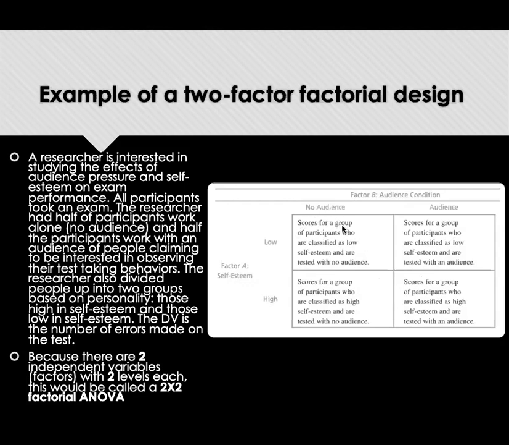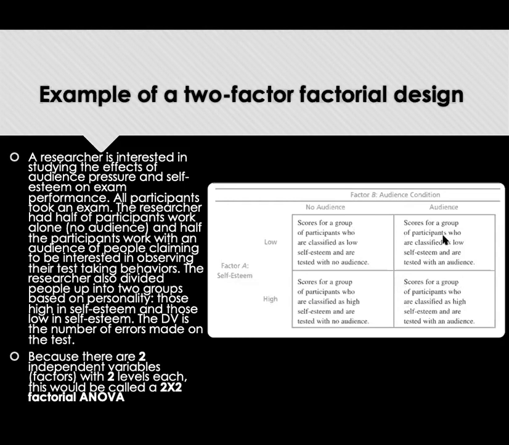This top left box, just as an example, is going to be the group of participants who have low self-esteem and no audience while they're taking their exam. Looking at the bottom right box, this is going to be participants who are classified as having high self-esteem and are tested with an audience. And again, we're not looking at repeated measures for this chapter or lecture or in this class.